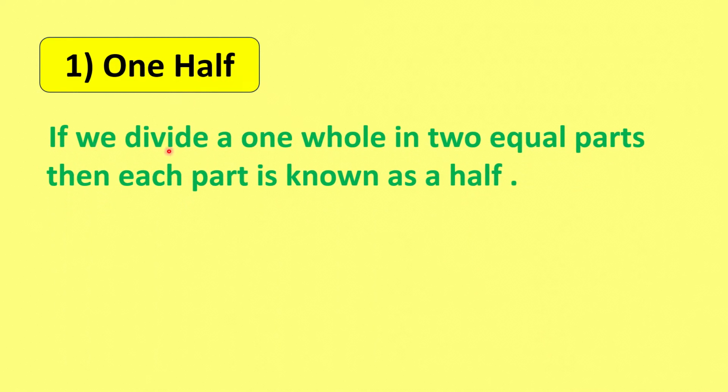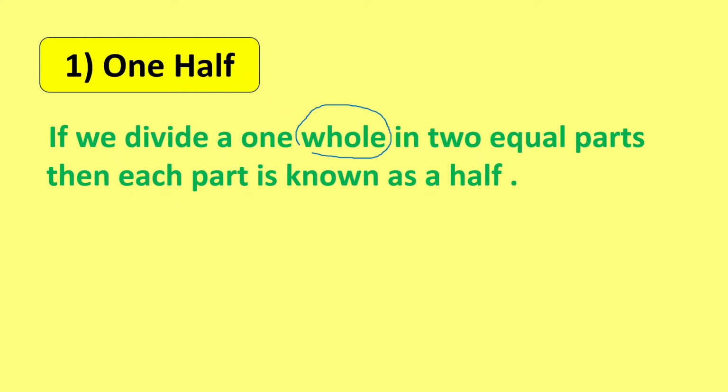If we divide a one whole into equal parts, then each part is known as a half. Okay, now let's learn by breaking out this proper sentence. First of all, just look at this word. Which word is that one? It's whole.